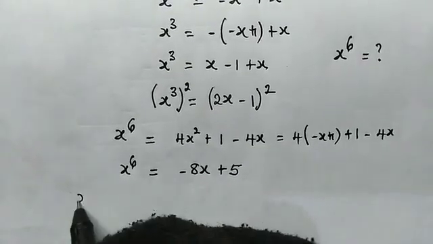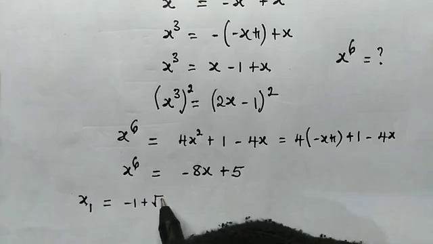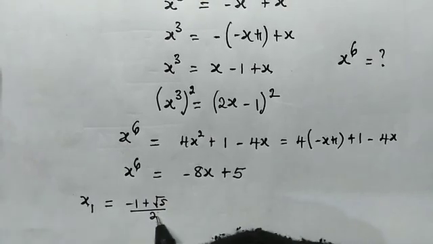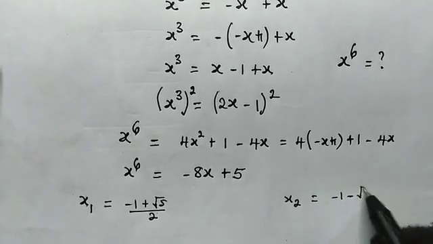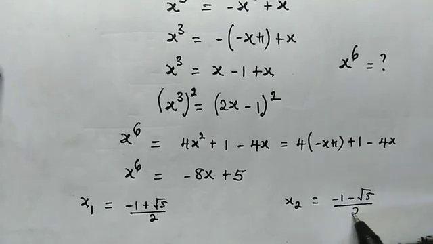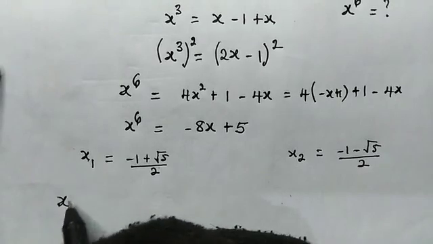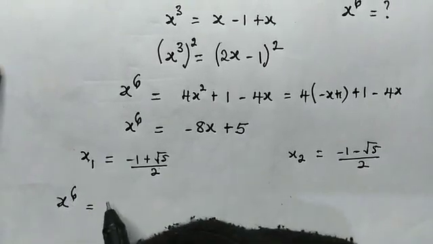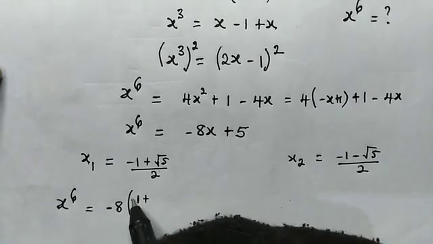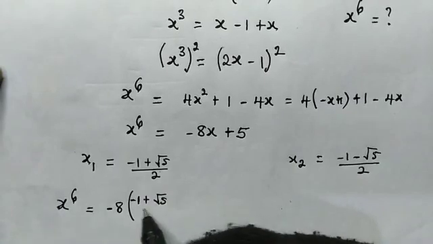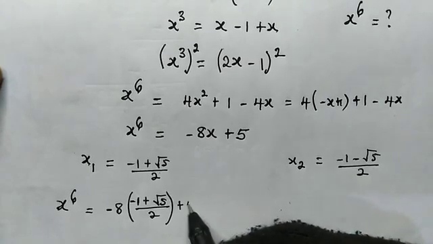Let us go back again. x1 is equal to negative 1 plus root of 5 divided by 2, and x2 is equal to negative 1 minus root of 5 divided by 2. Make use of x1 here. We get x to the power of 6 equal to negative 8 in bracket negative 1 plus root of 5 divided by 2, then plus 5.